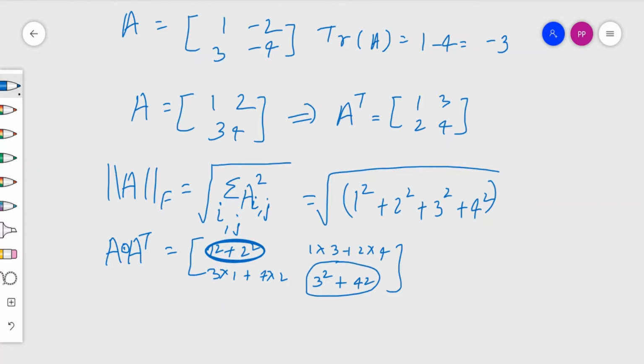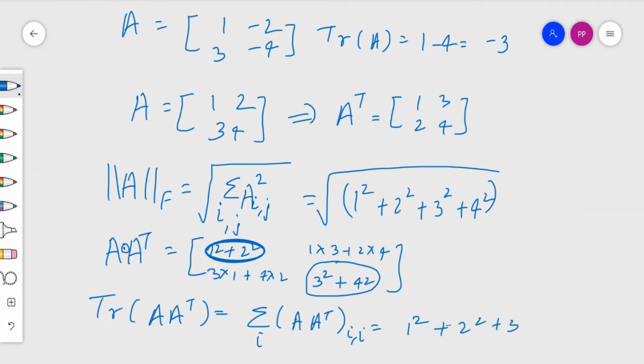Therefore the trace of A dot A transpose is equal to the sum over i of the i comma ith element, which equals 1 square plus 2 square plus 3 square plus 4 square.